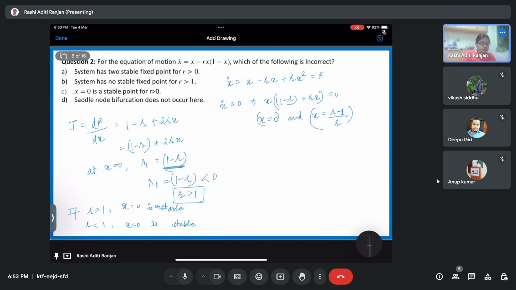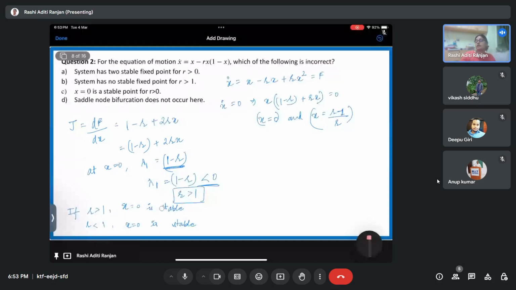Because here I have applied the condition less than 0, and less than 0 means stability. So if r is greater than 0, what is going to happen? No wait. Yeah, so over here, I have taken the condition that it should be less than 0.